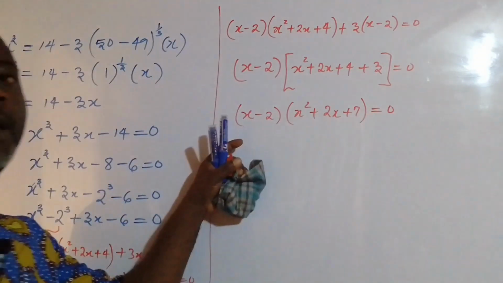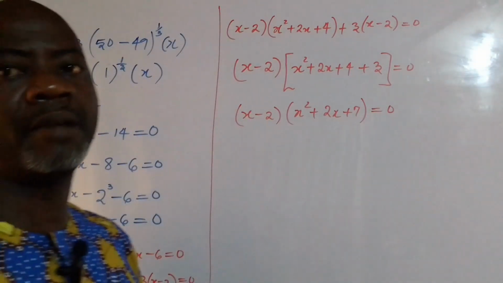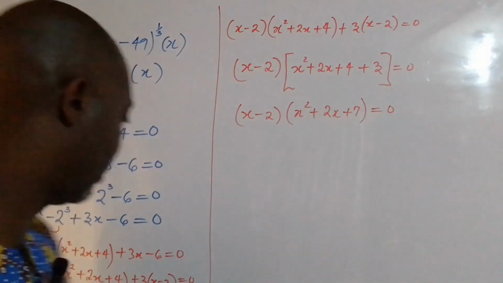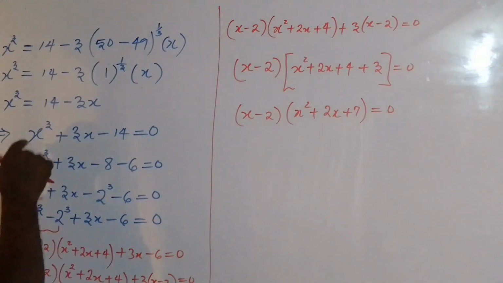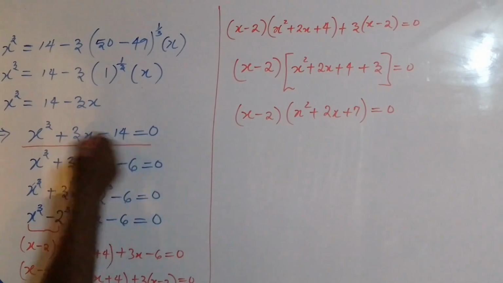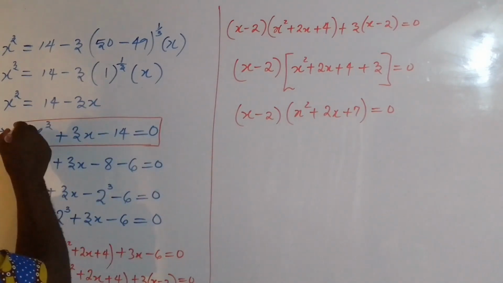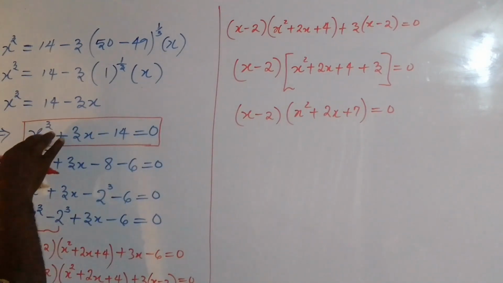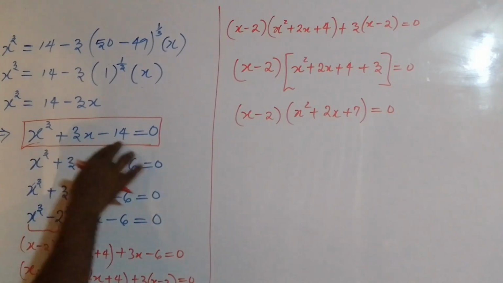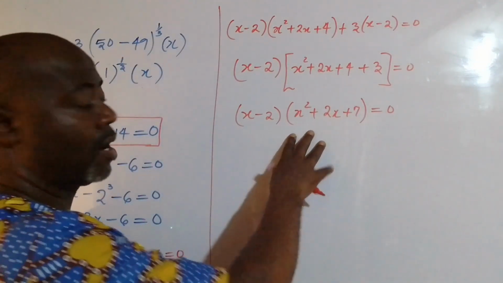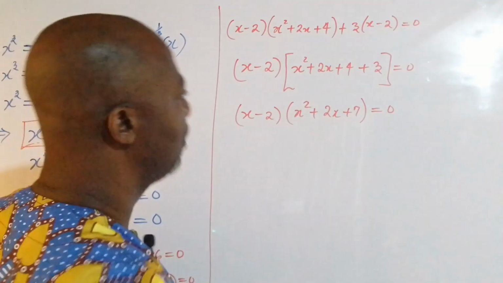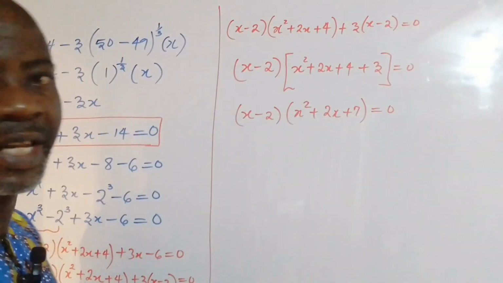So what I've gotten here, if you use division of polynomial to divide x cubed plus 3x minus 14, this is exactly what you are going to get. All right, so you can try that out and let me know in the comment section what you get.